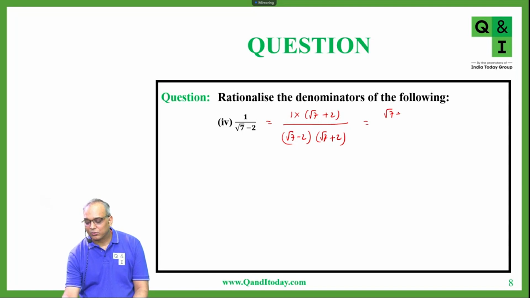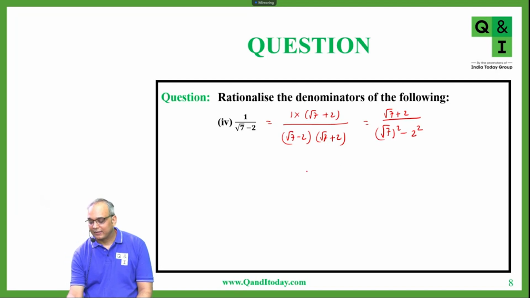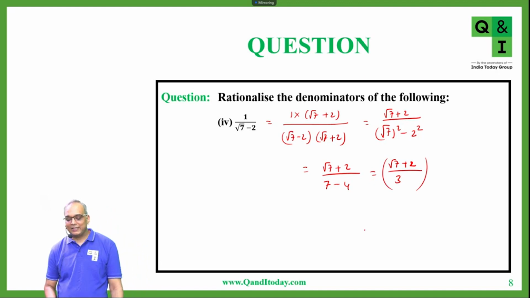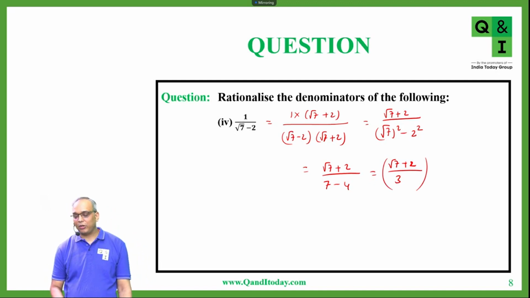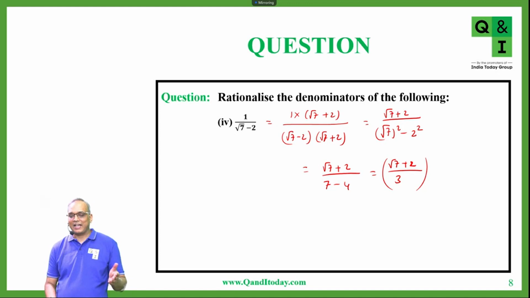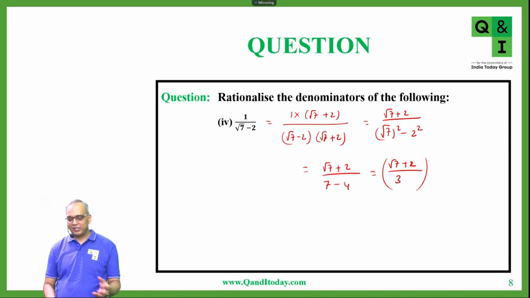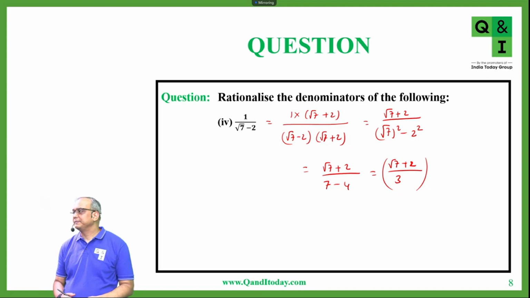So this is root 7 plus 2 by root 7 square minus 2 square, so this is root 7 plus 2 by 7 minus 4. This is root 7 plus 2 over 3. This is the answer here, because in the denominator we have a rational number. So we have rationalized the irrational number which was there in the denominator to a rational number.